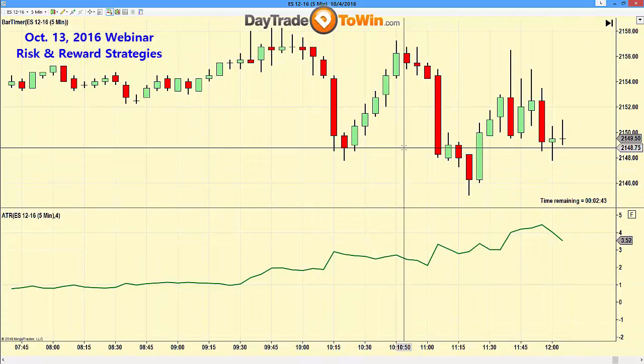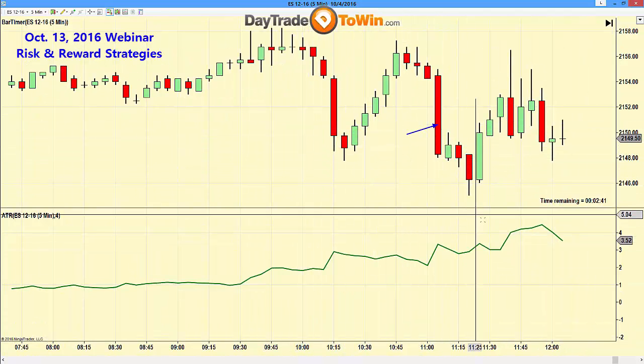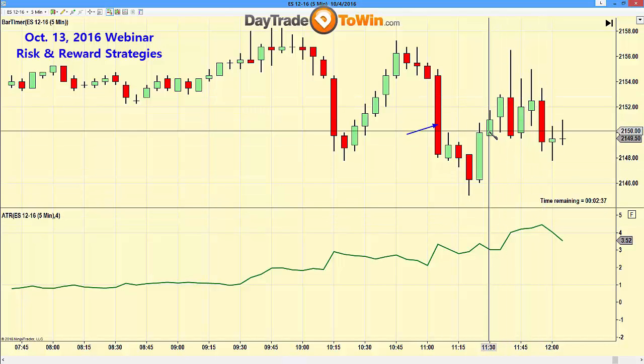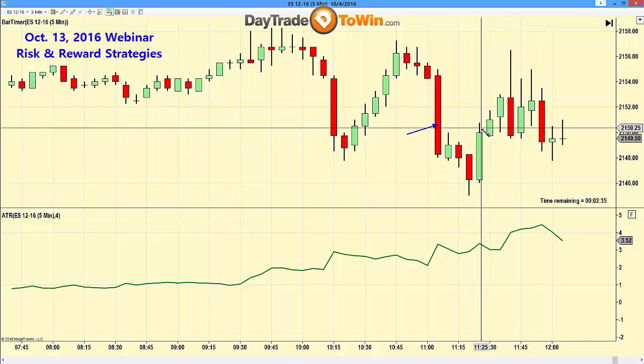So if you try to trade under these conditions, see the ATR here closer to 5, I want everyone to think about this for a moment. It's not as simple as saying I want a specific stop on every trade that I take. I wish it could be that simple.